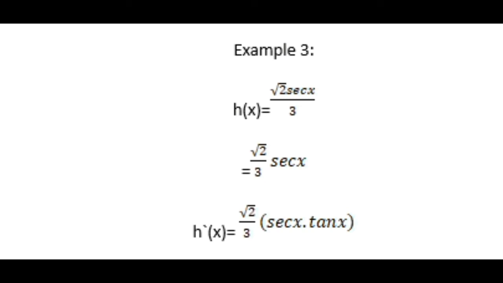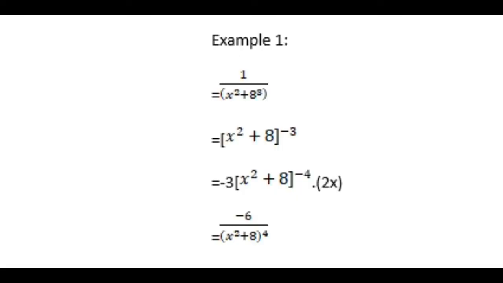The next thing to do is to find the derivative of secant. The derivative of secant is secant times tangent. So the final answer is h prime of x is equal to square root of 2 over 3 times the quantity of secant x times tangent x.